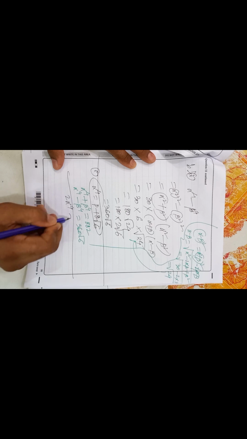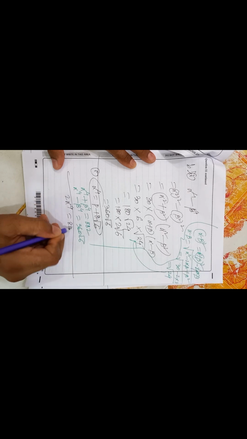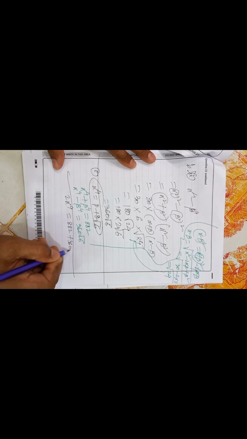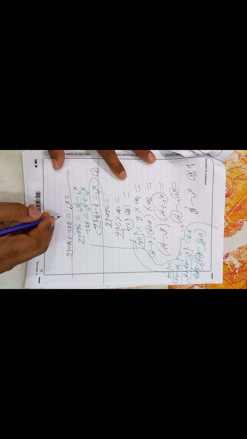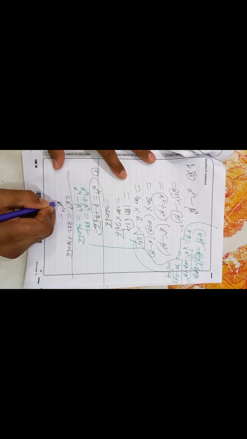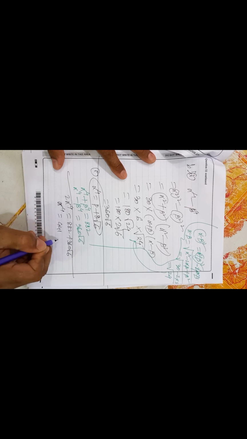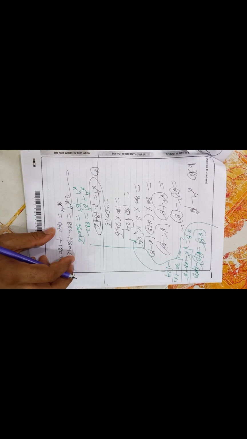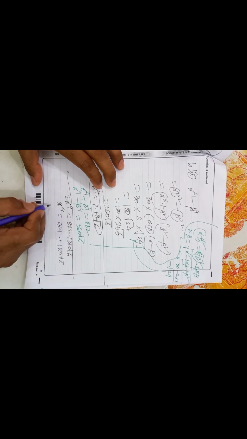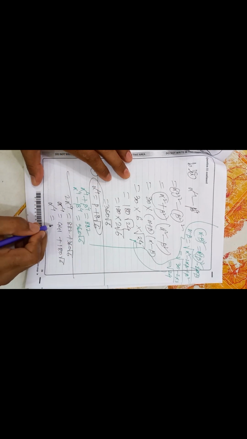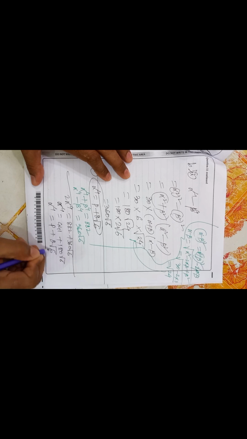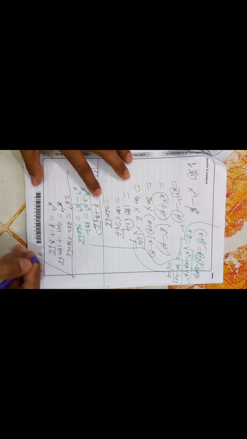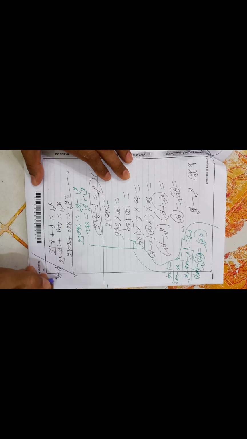There is 2 alpha 4 equal to 882 plus 360 root 6. Divide all by 2, then alpha 4 equal to 441 plus 180 root 6. Finally, if we compare with p plus q root 6, we can write p equal to 441, q equal to 180.